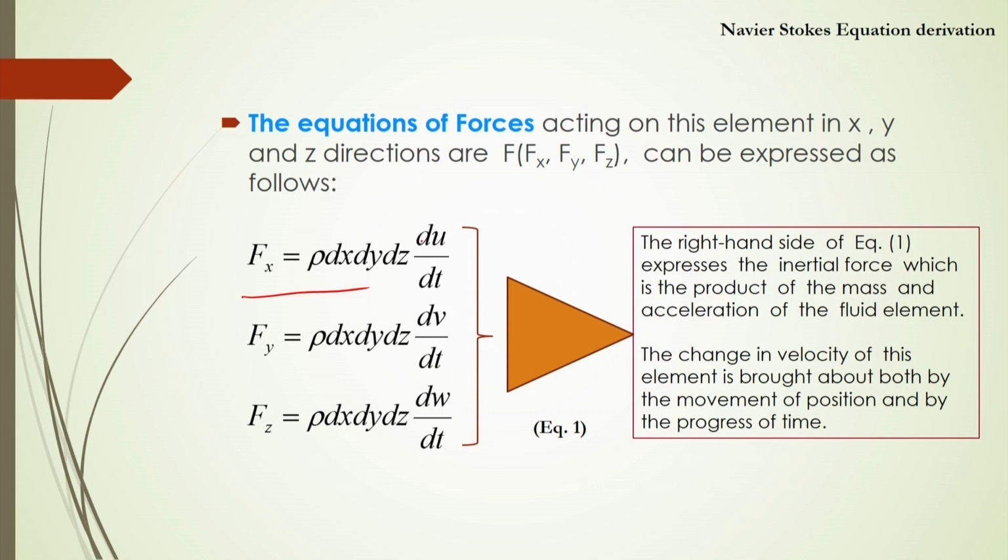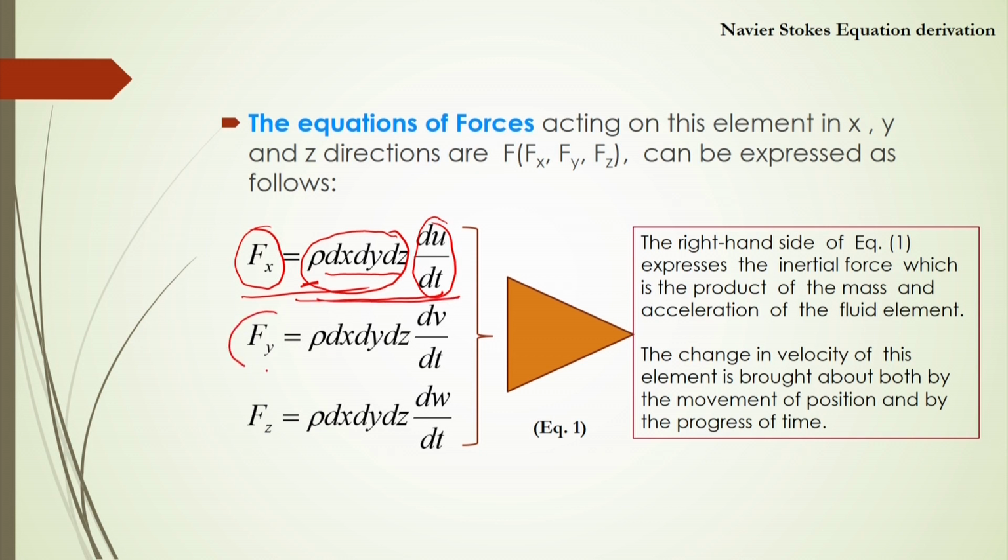Now, F x will be equal to, as you know, mass into acceleration. Mass is rho into dx dy dz, where rho is the density of the fluid and dx dy dz is the volume of the fluid. So density into volume is mass, and du by dt is the acceleration. Mass into acceleration will be your force. So F x, the force in the x direction, will be like this.